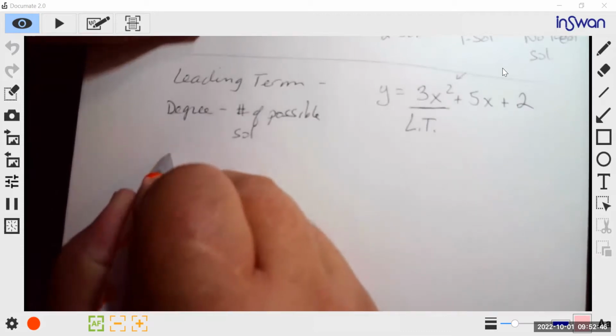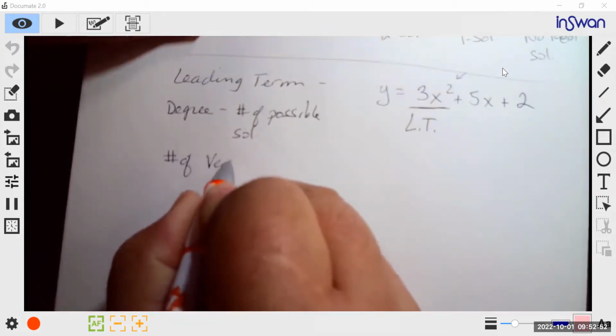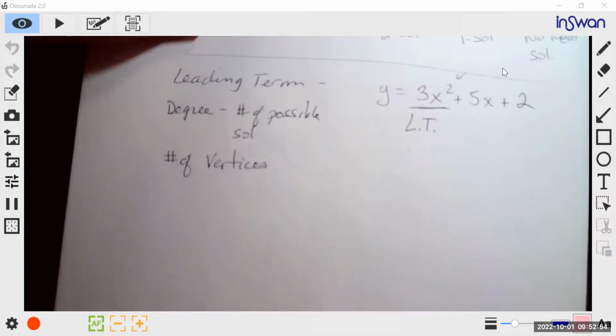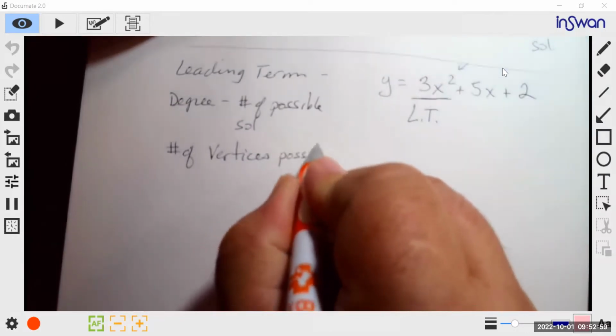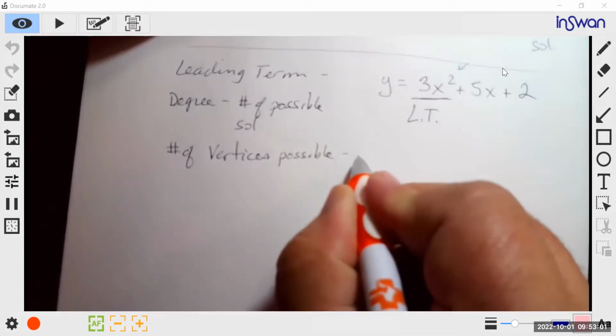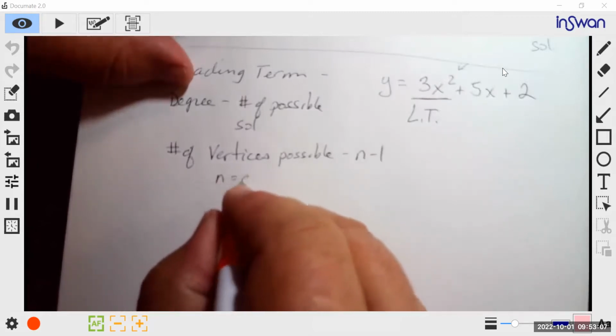It can also tell us the number of vertices possible by n minus 1, where n is the degree.